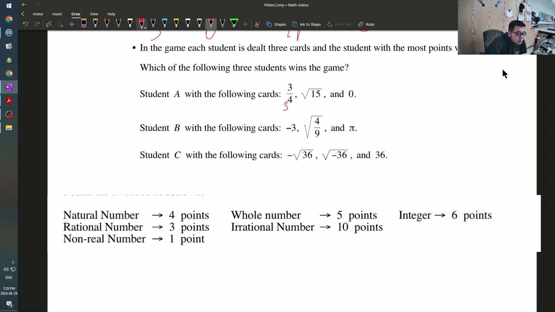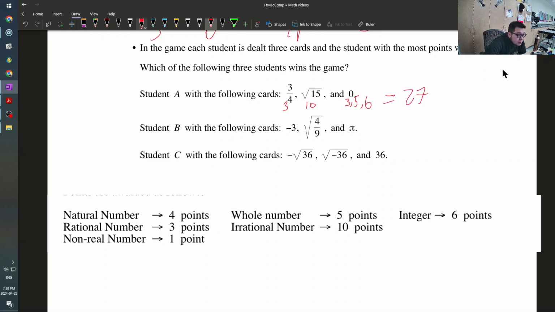Square root of 15 is not natural, it is not rational, it is not non-real, it is irrational. So 10. Okay, 0, it is not a natural number, it is a rational number, and it is a whole number, and it is also an integer. So that is 14 points. You add them together, you get 27 points.